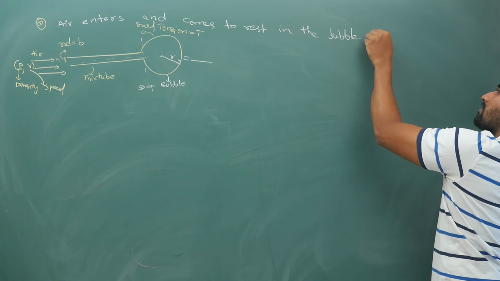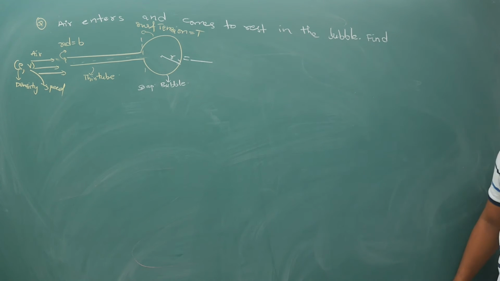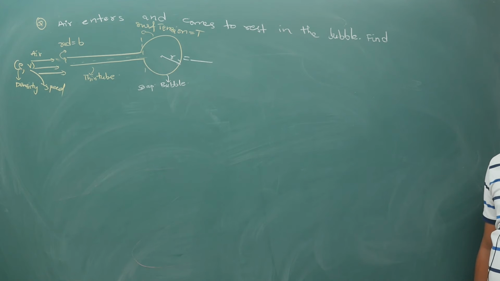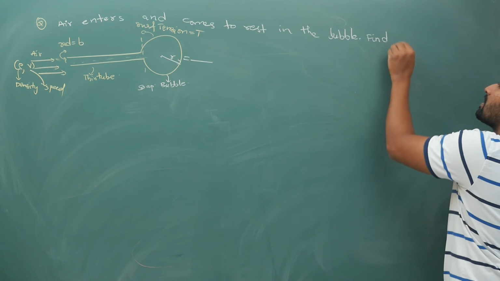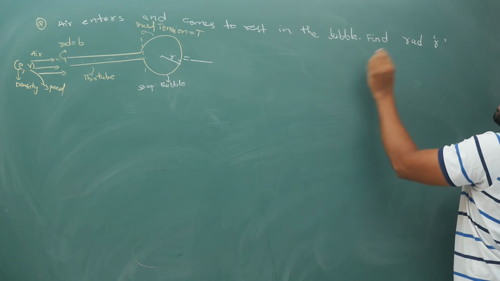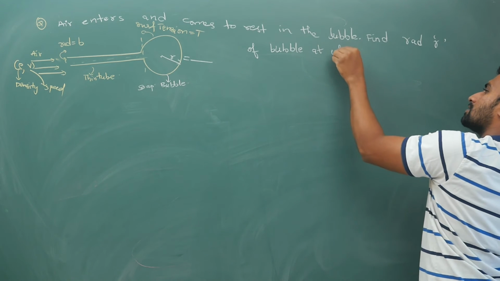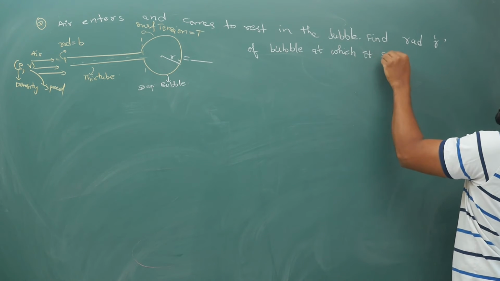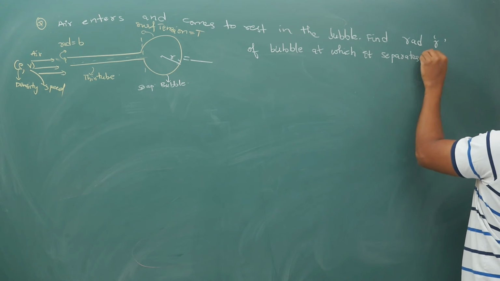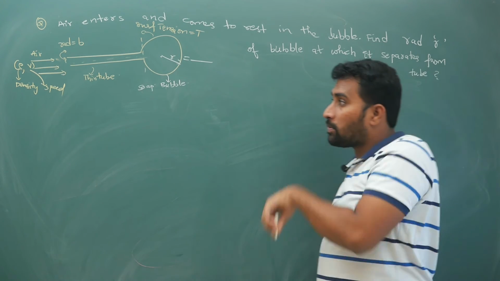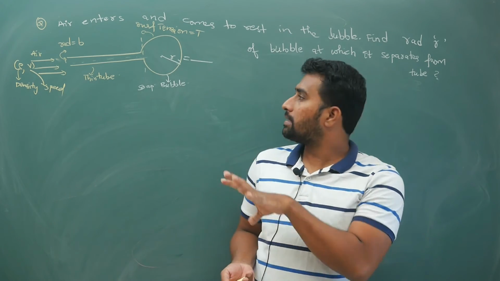Find the radius r of the bubble at which it separates from the tube. Getting my point? So now let me elaborate it.